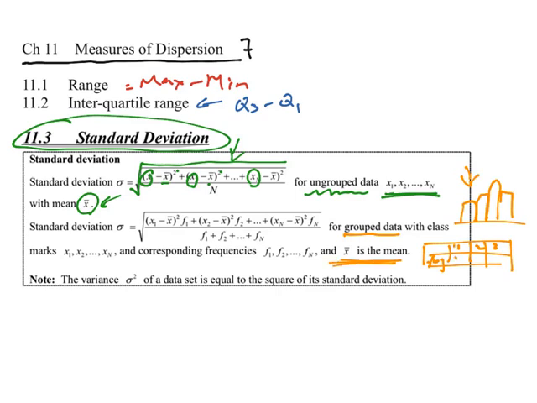That means each value times its frequency, added up, over the total frequency. Find the mean first, and then every data also minus the mean, take square, and then times the frequency, and continue, and finally divide by the total frequency, then take the square root.